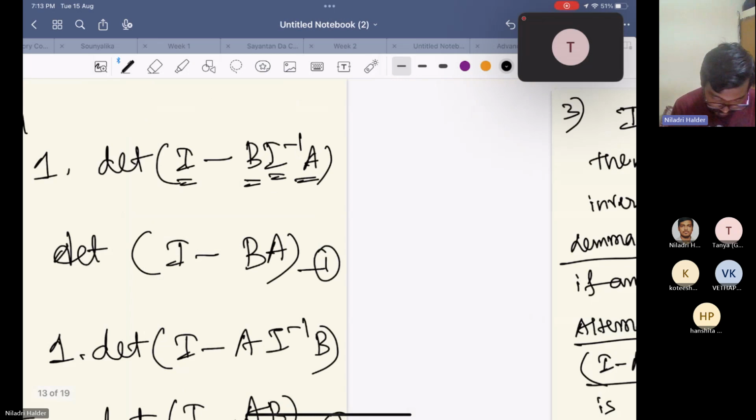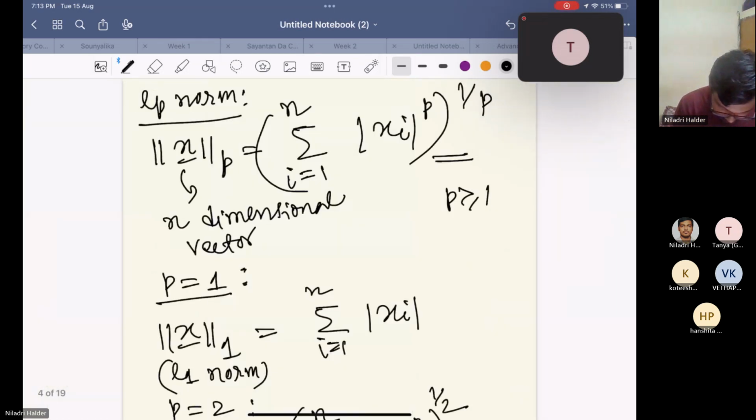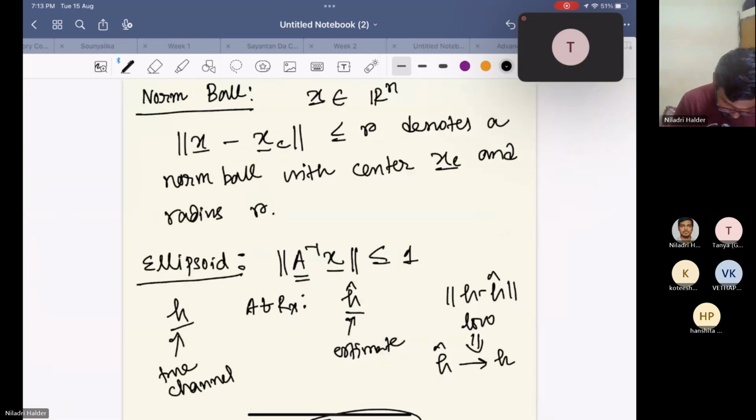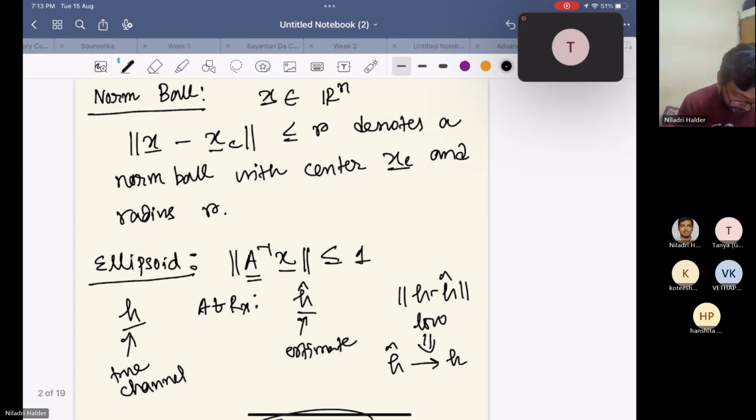So you can go there. Okay. Ellipsoid is this A times x is less than or equal to some one norm of this.